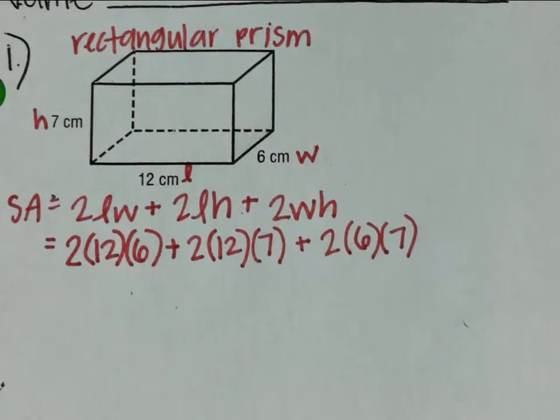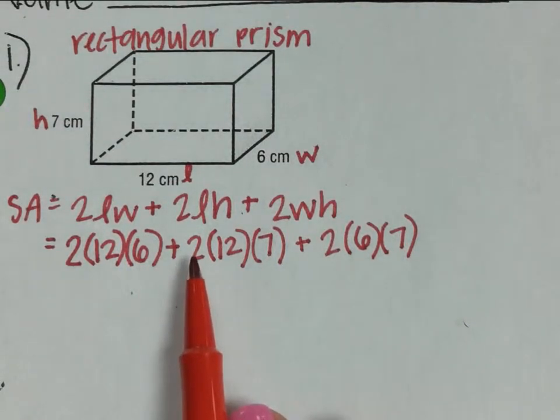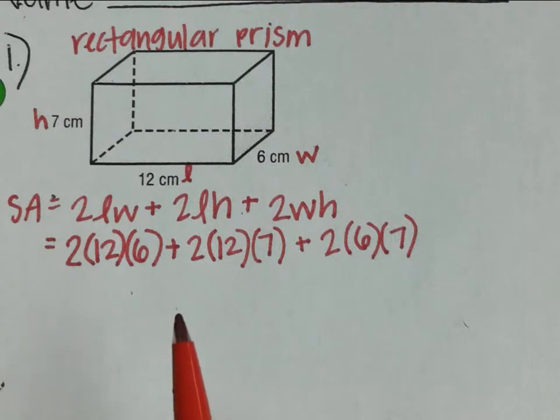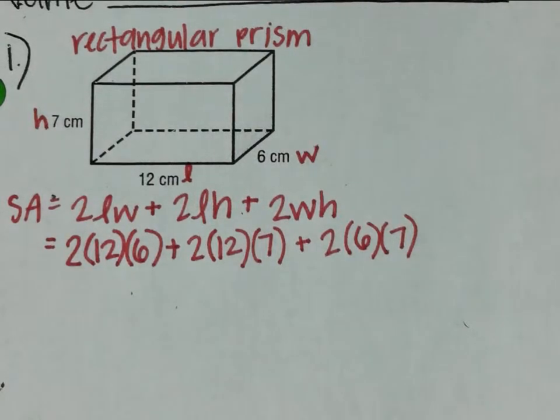To be on the safe side, you need to multiply everything first and get a number, and then add all those 3 together. Because if you don't, your calculator may think that you're trying to add 6 and 2 before multiplying everything. Okay? So go ahead and multiply these 3 numbers and write it down.